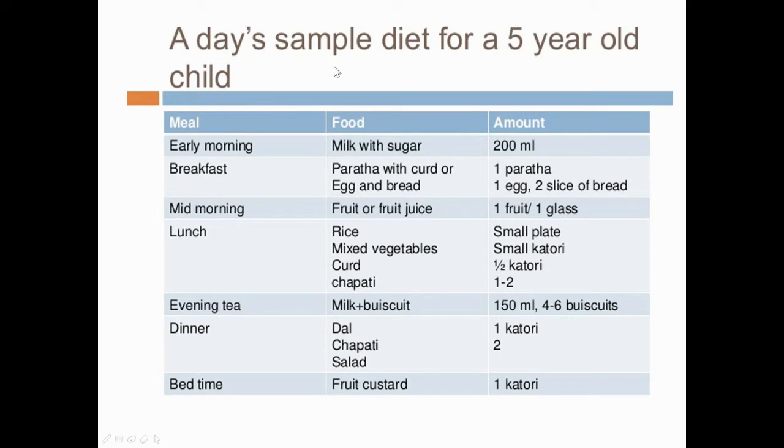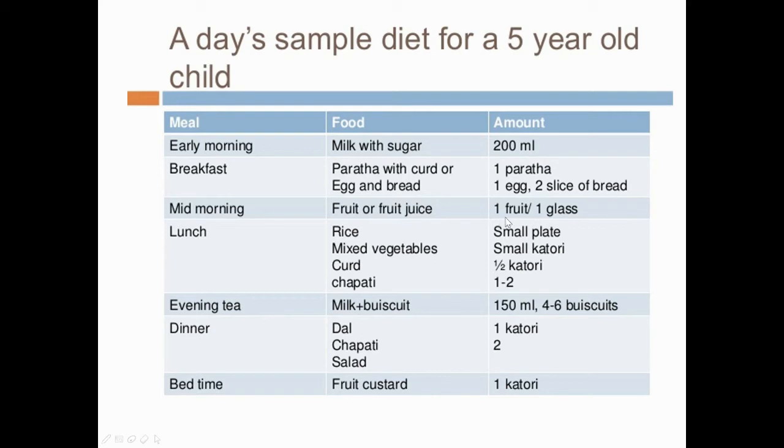Then breakfast: what we should give is paratha with curd, or egg and bread. The amount is one paratha, or one egg and two slices of bread. And mid morning, you should give a fruit or fruit juice.